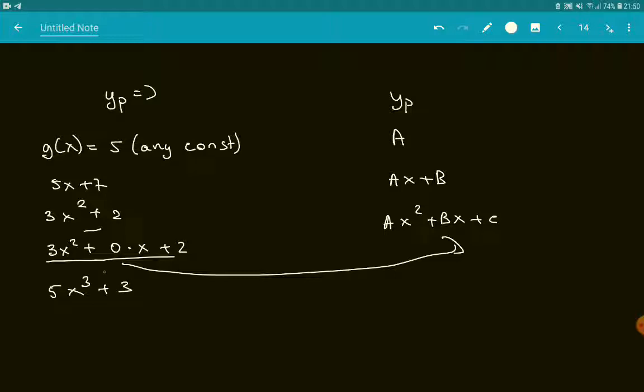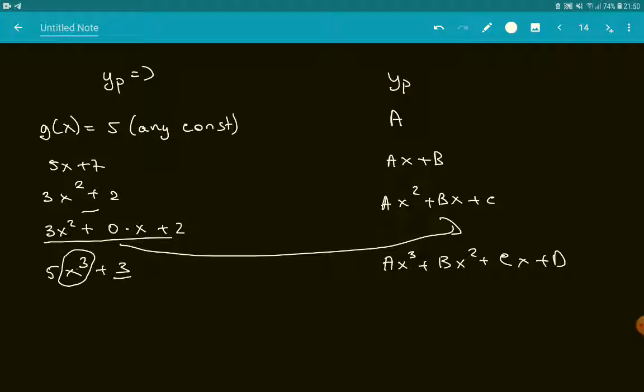You look at the highest power, then I will write Ax cubed plus Bx squared plus Cx plus D. So it is understandable, right? You don't mind what is there.